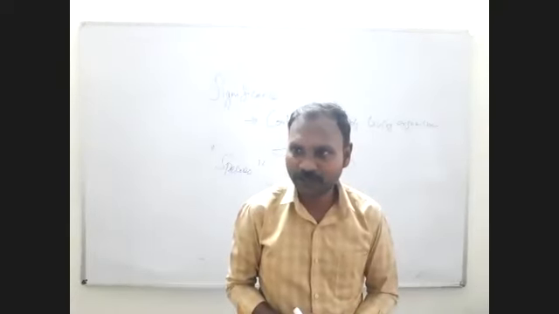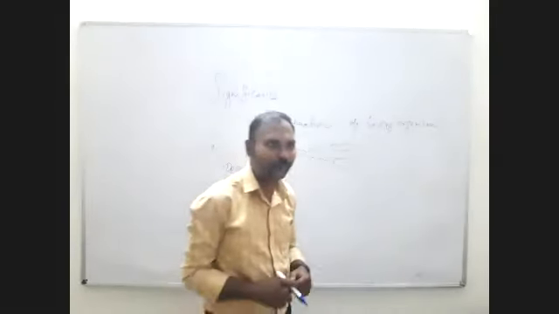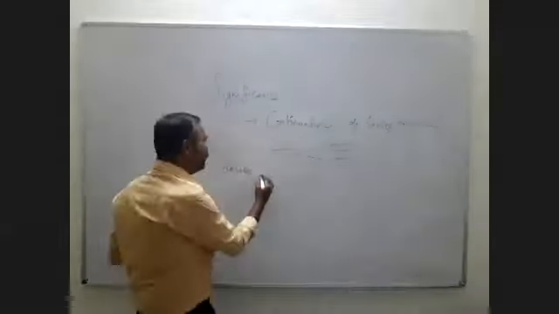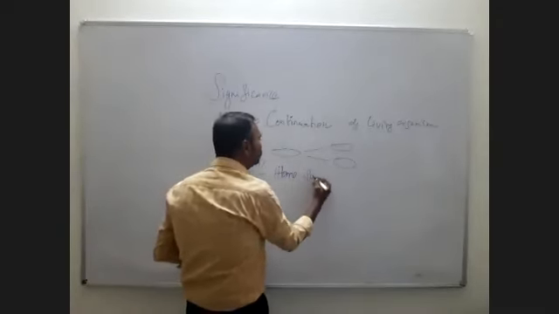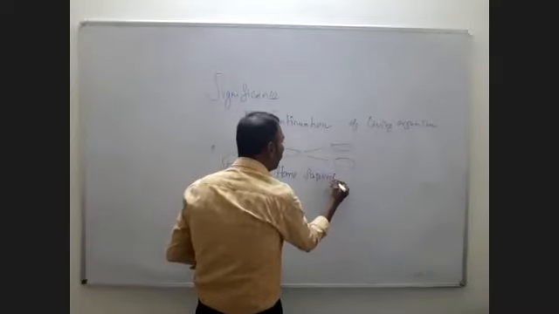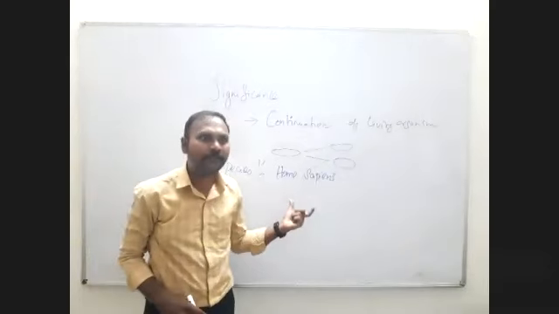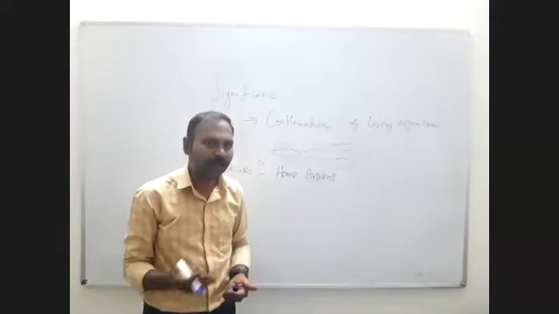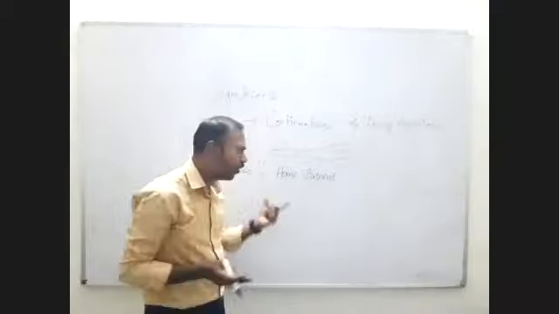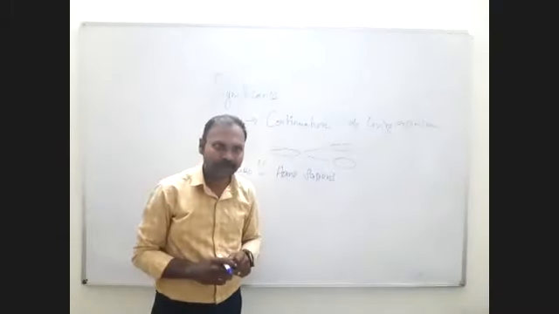Same species. What is our scientific name? Human is a common name. We are Homo sapiens. This is the species name. All of us are Homo sapiens.